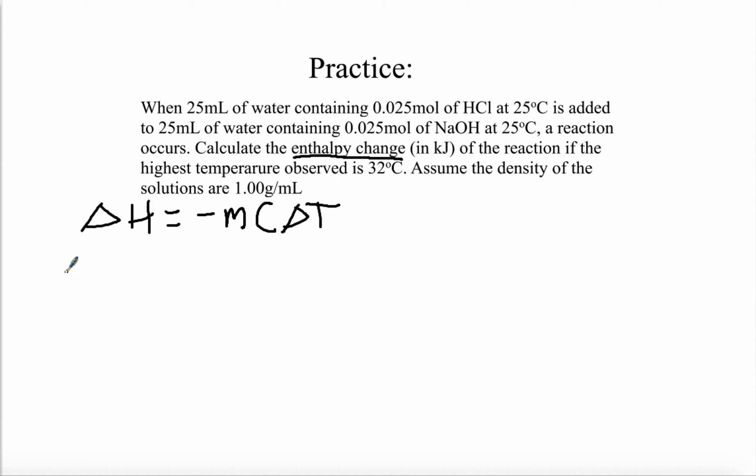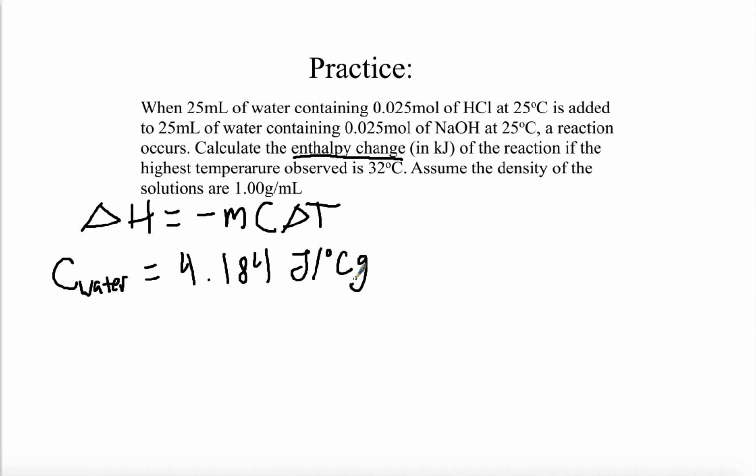Considering these solutions are happening in water, the C of water is a value you can just look up, because specific heats are specific to each substance. This is equal to 4.184 joules per gram degree centigrade.